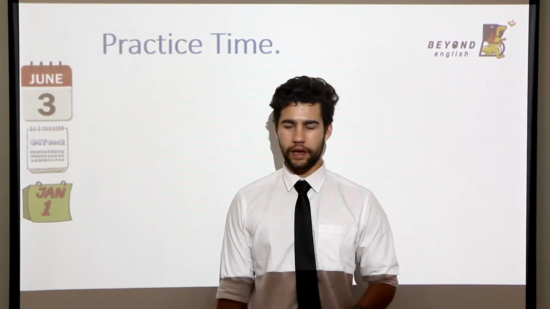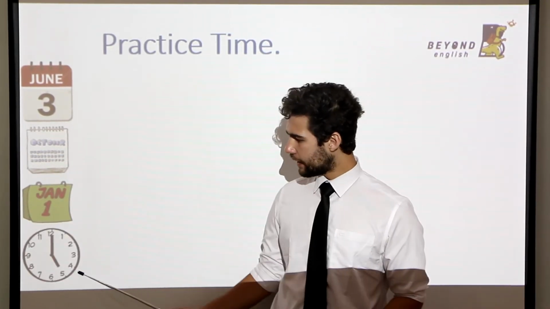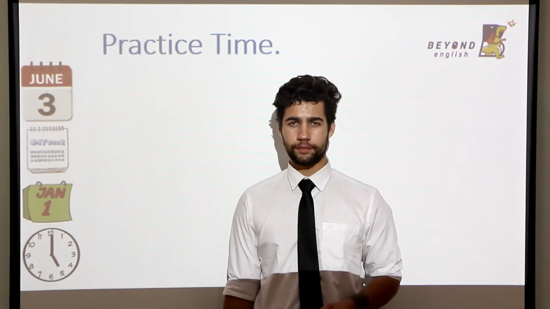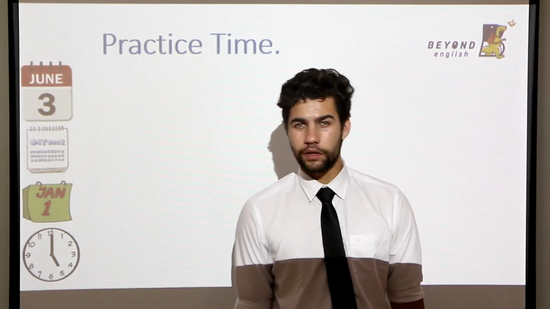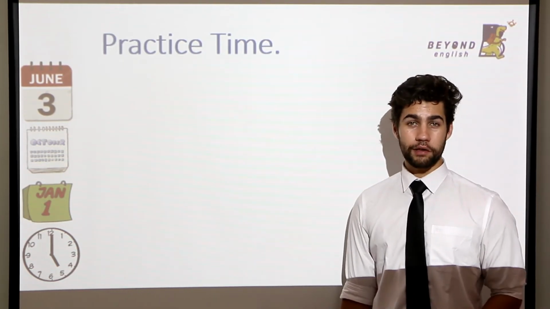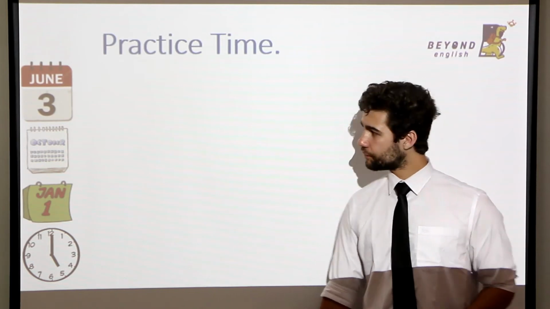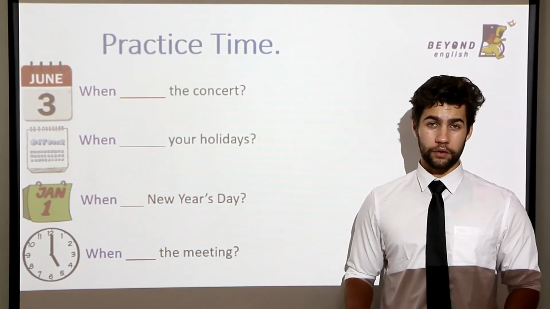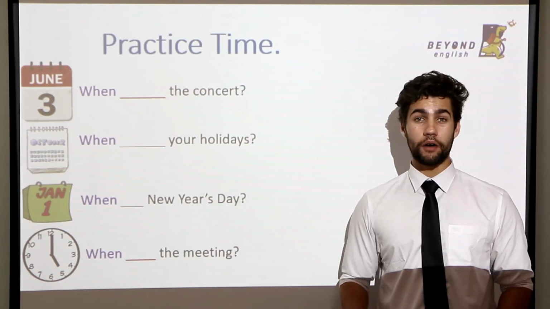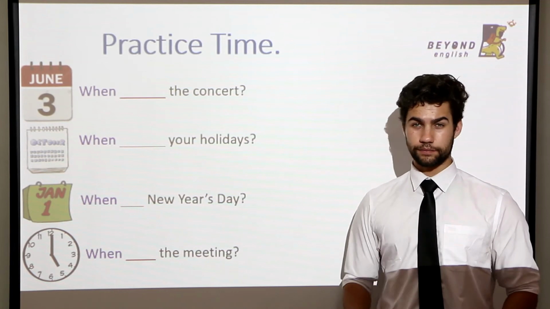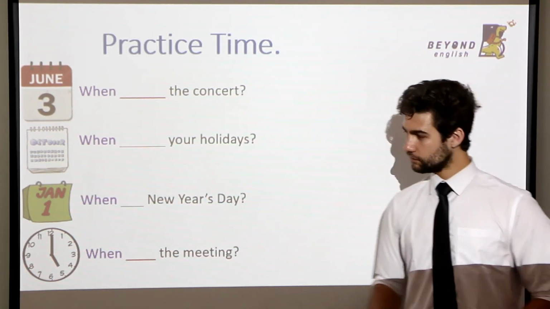And last, we have 5 p.m. Okay, now you know the new vocabulary, so let's look at our sentences. Now, I want you to write down the correct form of the verb to be. You have 3 minutes. Let's go.